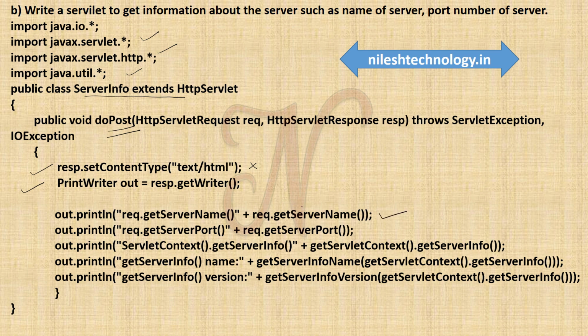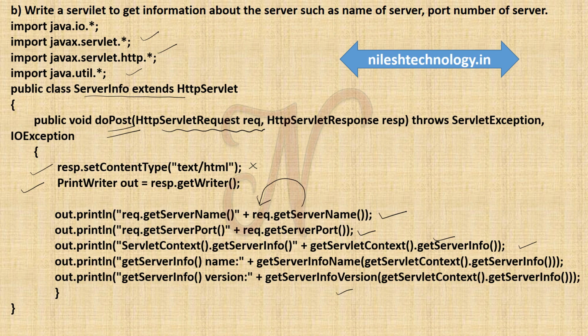All these methods are called using the req object, which is the HttpServletRequest object. So request.getServerName prints the server name, then here the port number, server info, server info name and server info version. So this is your answer.